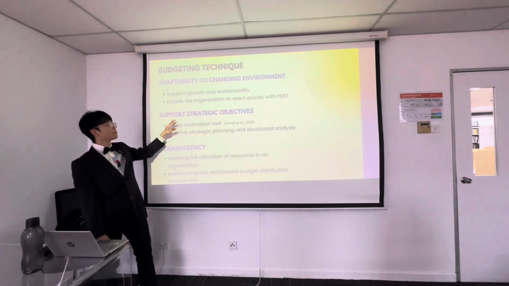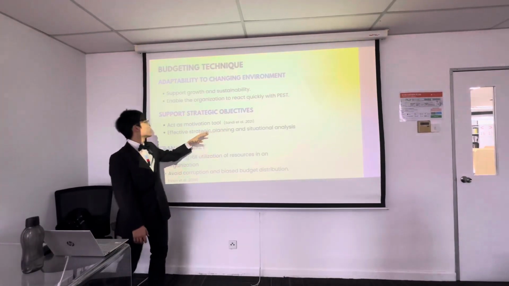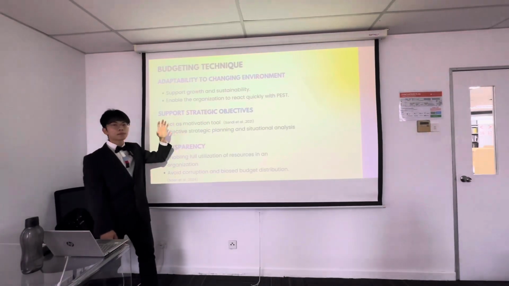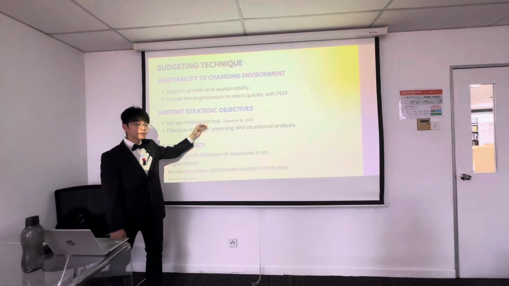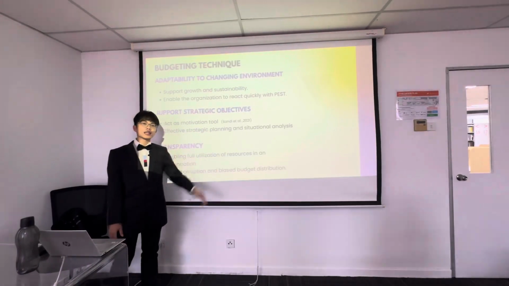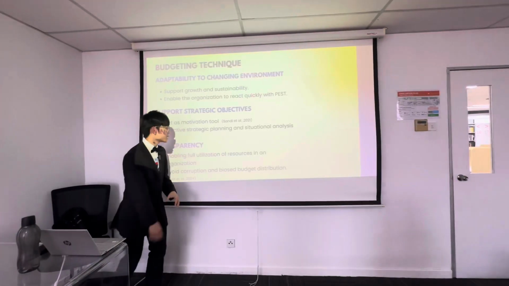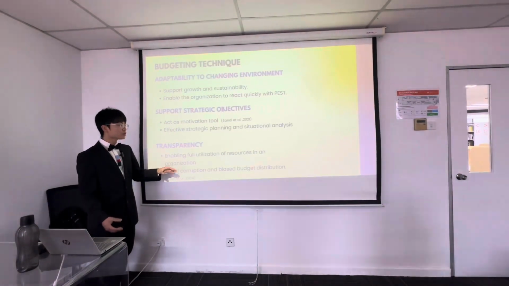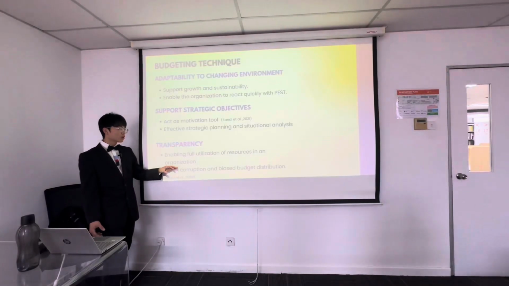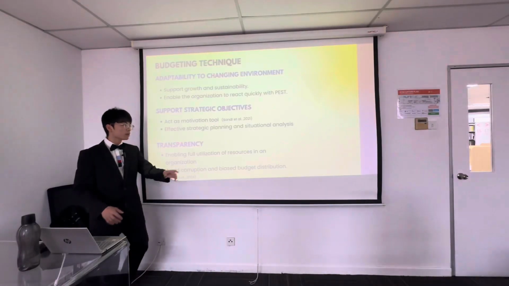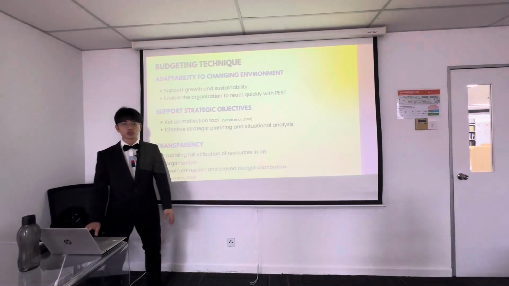And lastly is supporting strategic objectives. They support the company's strategic objectives by providing a strategic plan for it. So effective strategic planning and situation analysis will happen in the budget. And lastly, transparency. It enables full utilization of resources in an organization, and because all the budget is listed out, there will be no biased budget distribution.